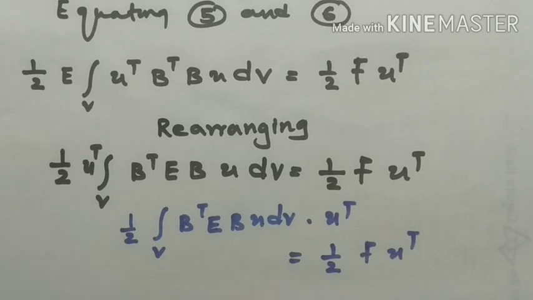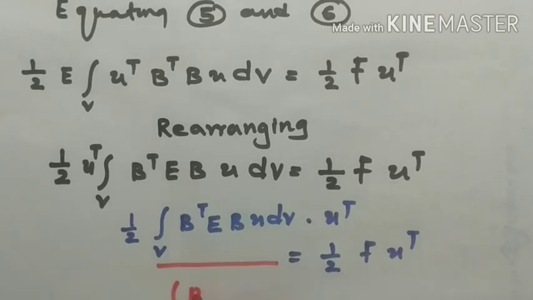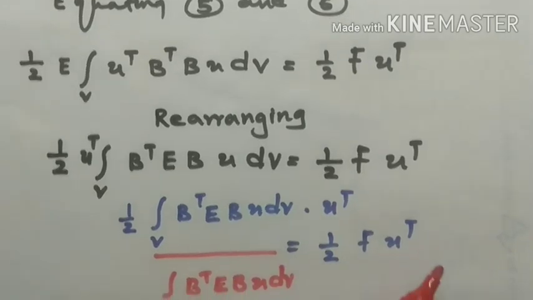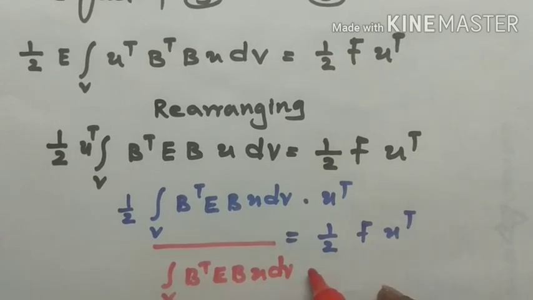From this expression we can see that integral V B transpose E B U dV is equal to F.